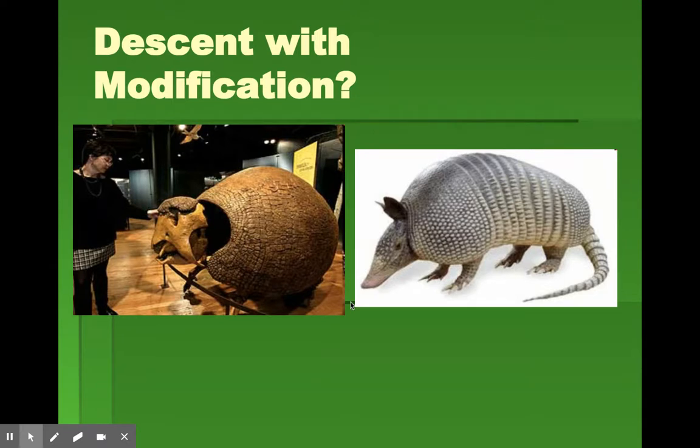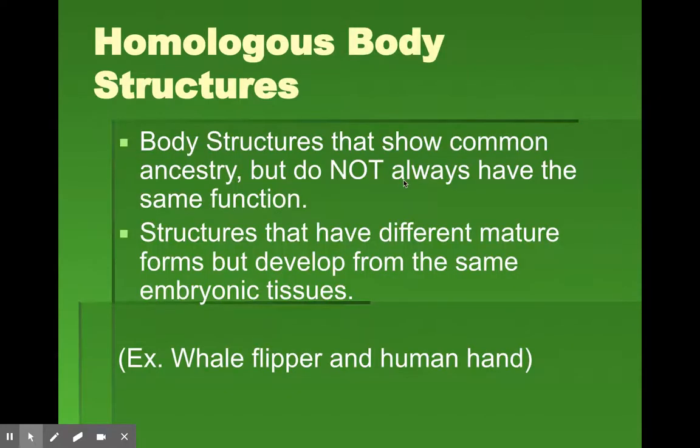Scientists argue that with these common characteristics, with this shell, the armadillo must have descended from this species. But the overall size didn't have to stay the same, so they just got smaller over time, and that similar characteristic of having a protective shell stuck around.